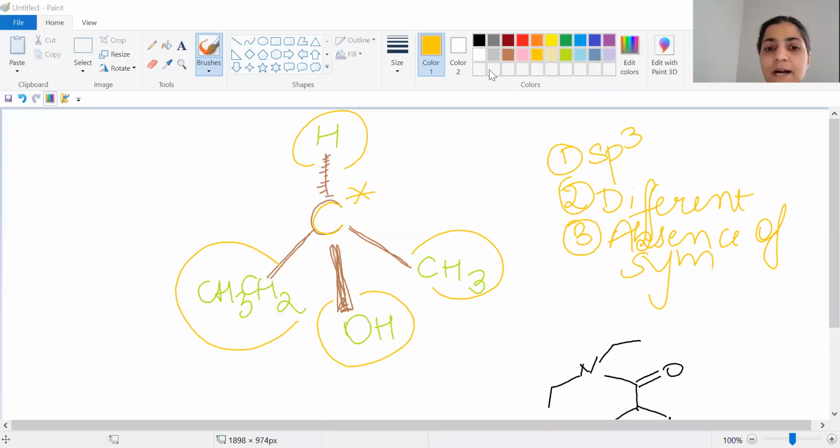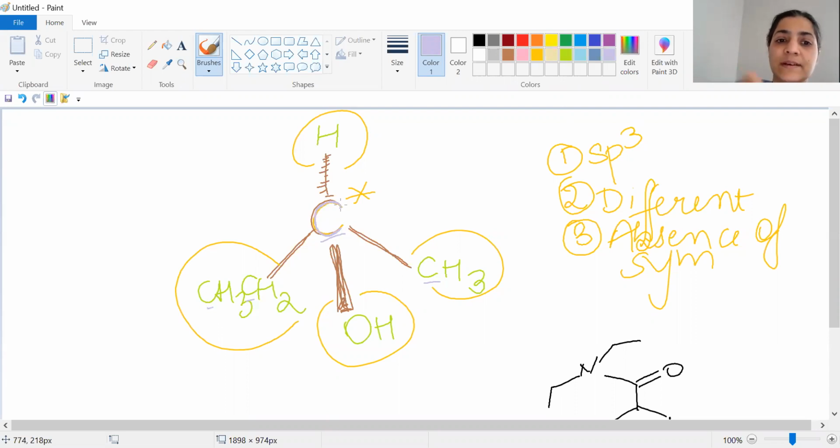Coming back to our original structure, let us first assign the R or S at this structure. So if you notice, there are several carbons on this structure, but which carbon is going to be our carbon of interest or the chiral carbon that we have to work around?